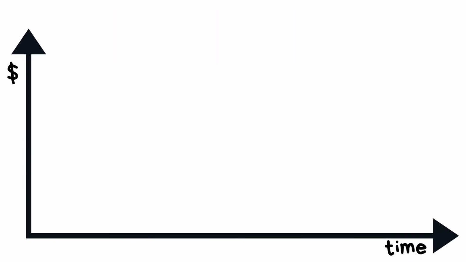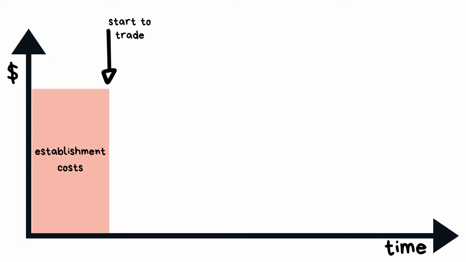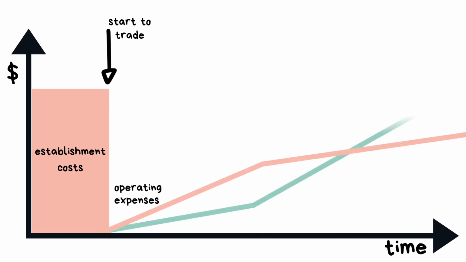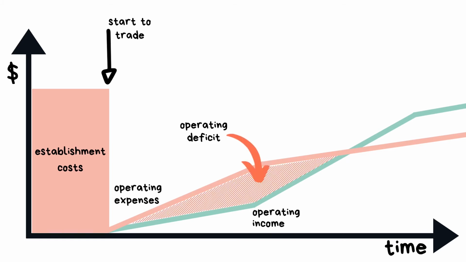Let's look at why. Firstly, as we discussed in the last video, the estimate of how much startup capital a social enterprise needs is informed by the estimated establishment costs, that is, all the things the social enterprise needs to buy or acquire before operating, and once it starts to operate, the estimated operating expenses, and the estimated operating income, that is, all the income the social enterprise generates from operating, which gives us the operating deficit.